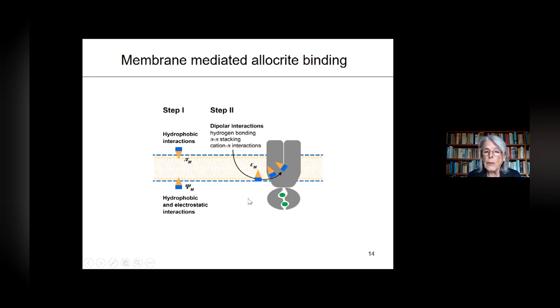So from the aqueous phase to the middle of the membrane, we have a factor of 40 increase in binding or in attraction. And the blue part here reflects the polar groups, and the yellow part the hydrophobic part of the molecule.